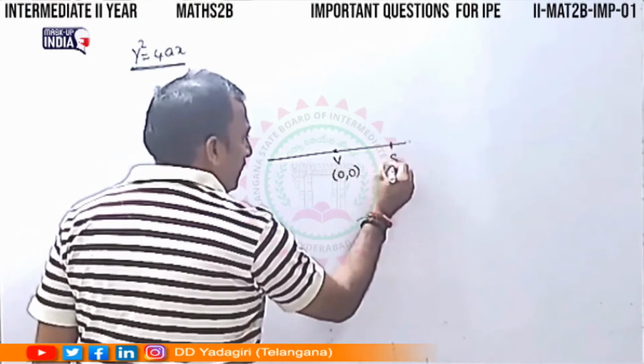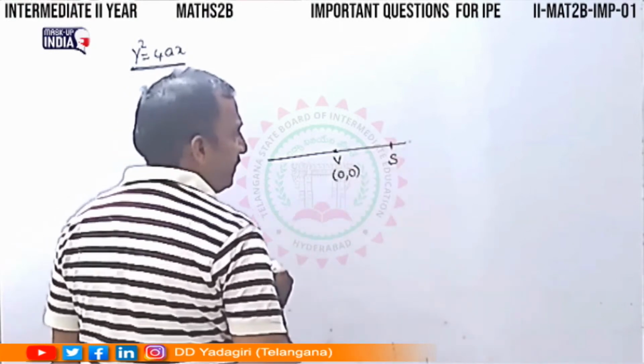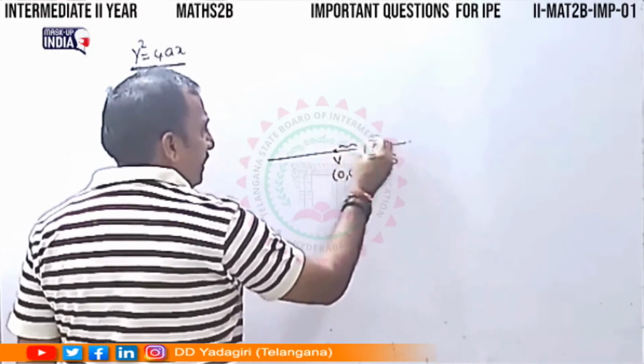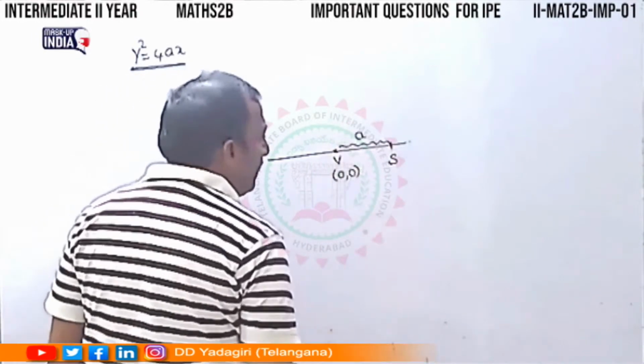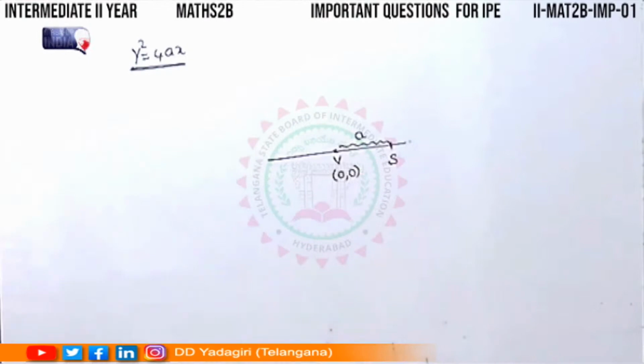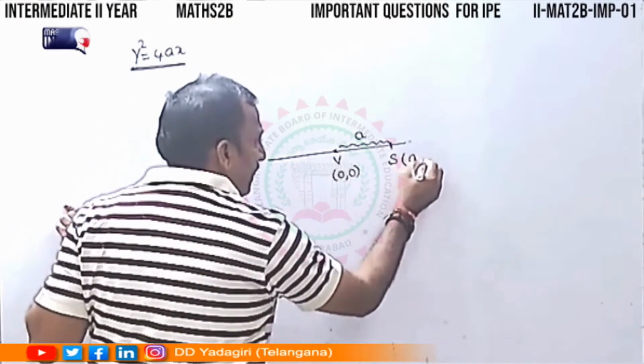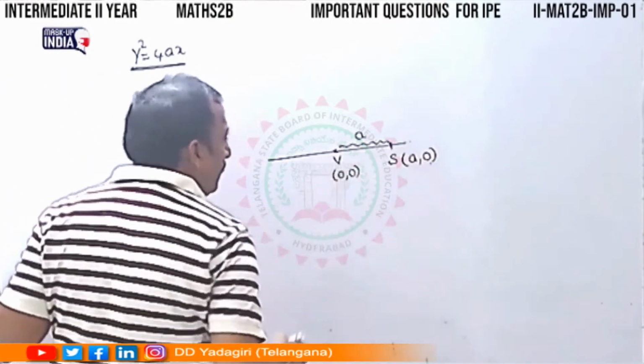And let S be the focus at a distance A units from the vertex. Therefore, S is (A, 0).